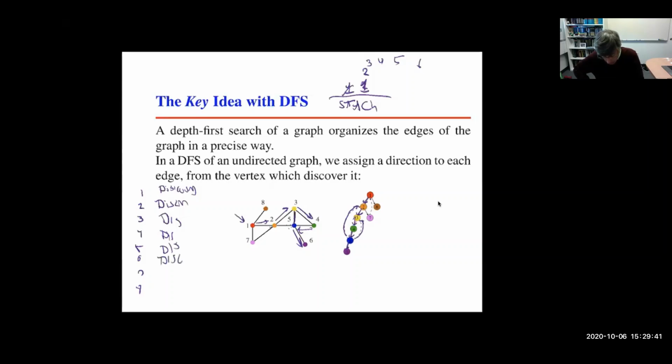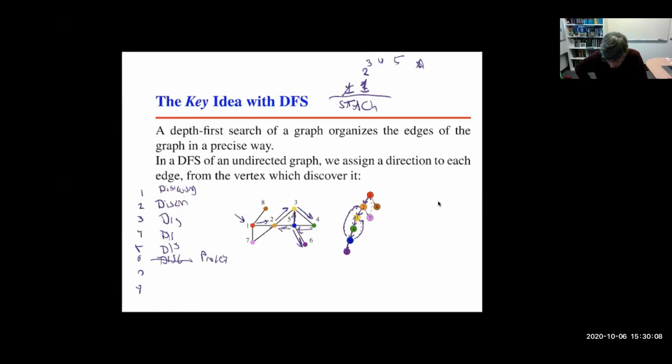So what am I going to do? I look at all my neighbors from 6, I'm done. This is now completely processed. I get 6 off my stack. Where do I go next? I go to 5. 5, what do I know? I've looked at all of my outgoing edges from 5. I went that way and I went that way.